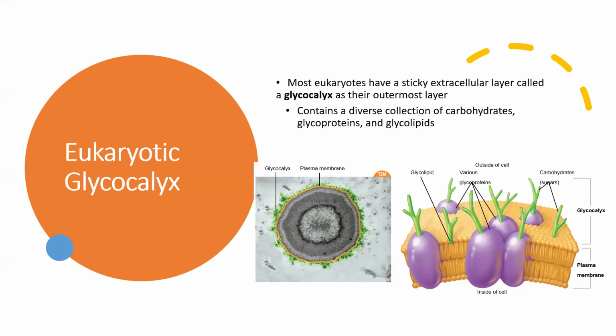When you adhere to other cells, you might be able to communicate with them. Now, keep in mind the glyco prefix essentially means sugar or carbohydrate, and a glycoprotein is a protein with a carbohydrate attached, and a glycolipid is a lipid with a carbohydrate attached.